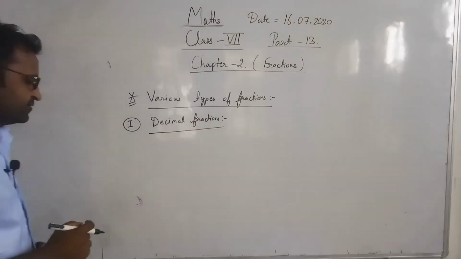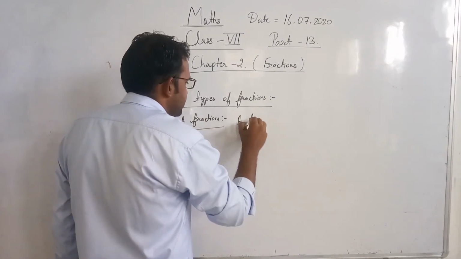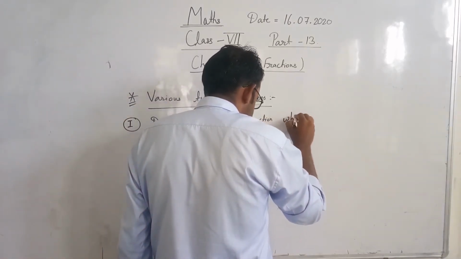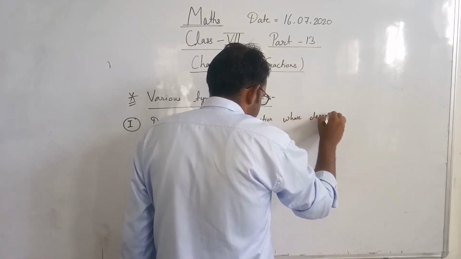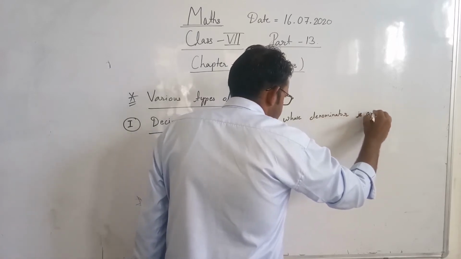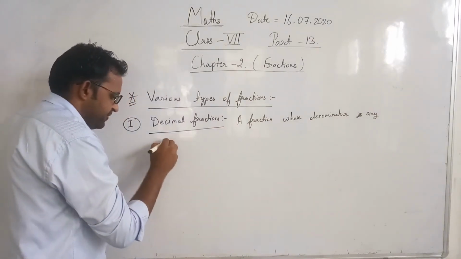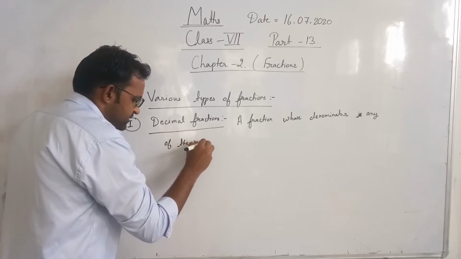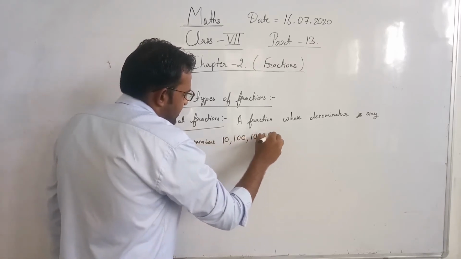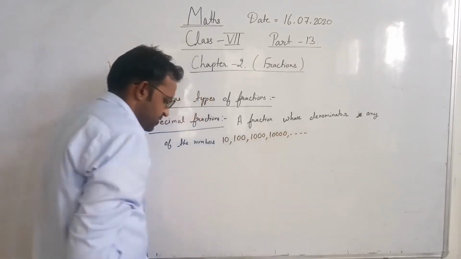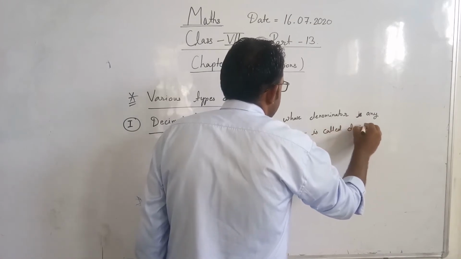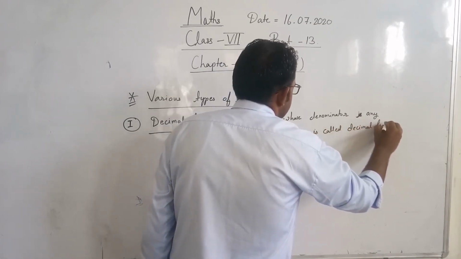A fraction whose denominator is any of the numbers 10, 100, 1000, 10,000 is called a decimal fraction.